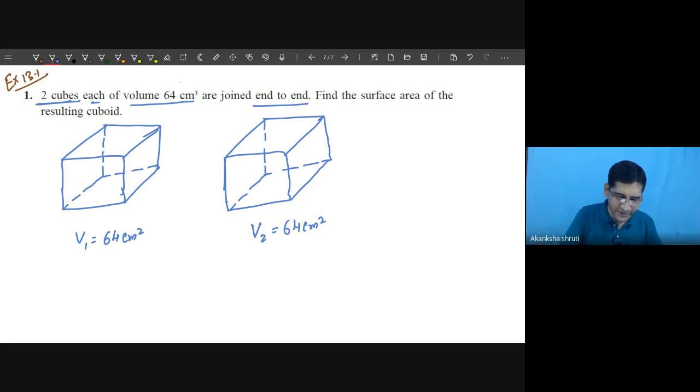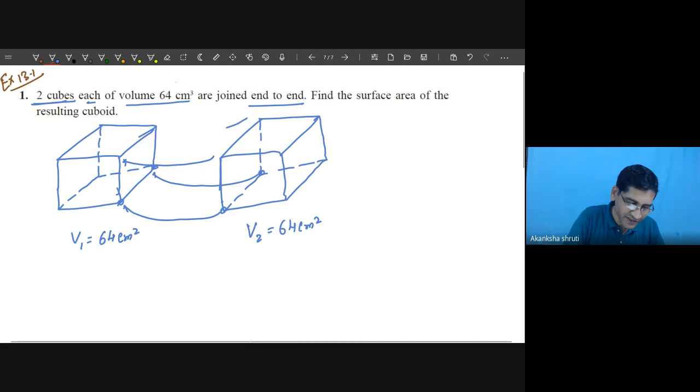By placing this, we will observe that some of the surface becomes common. Let me consider this point will match with this one, then this point will match with this one, and this point will match with this one.